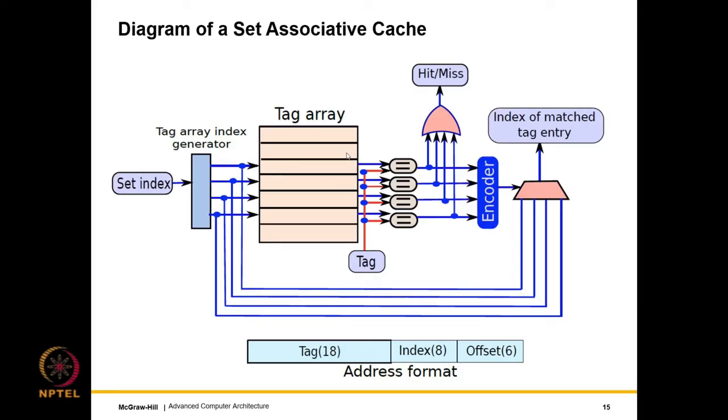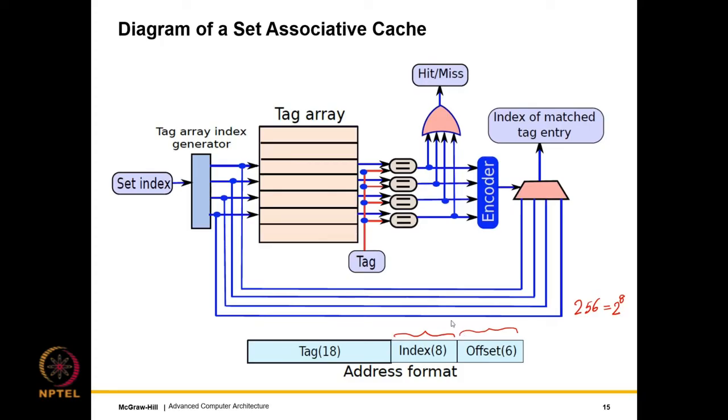What I can do over here is divide my bits in a different manner. The bottom 6 bits will remain the same because they specify the offset of the byte within the block. Subsequently, we have 256 sets. 256 is equal to 2 raised to the power 8, so 8 in this case is the index, and the index uniquely maps the address to a set.